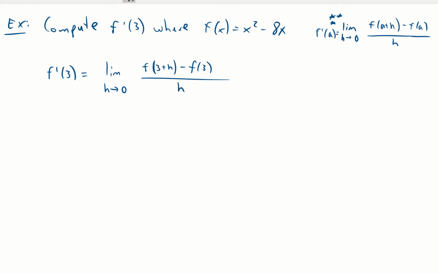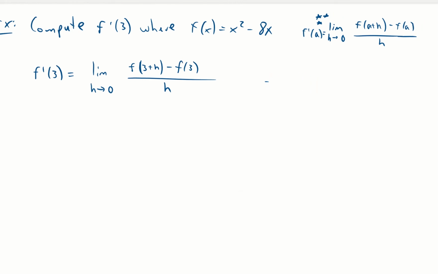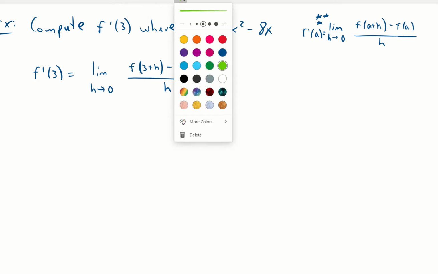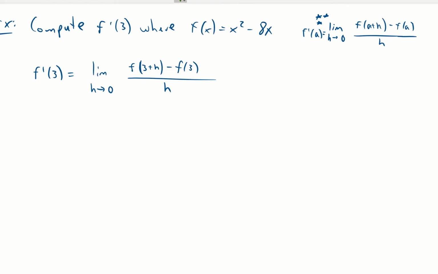So let's see what happens here. What we're saying here with f of 3 plus h is that we would take our function f up here and plug in 3 plus h. So to be clear, let's actually do this in a different color. f of 3 plus h.